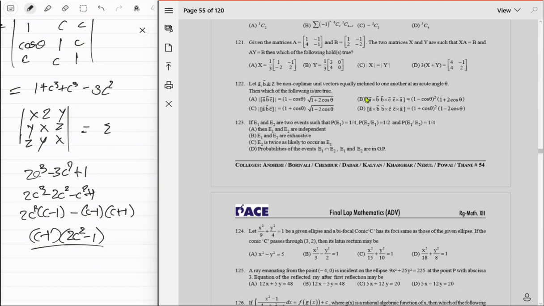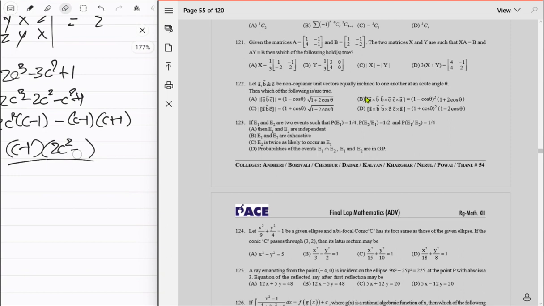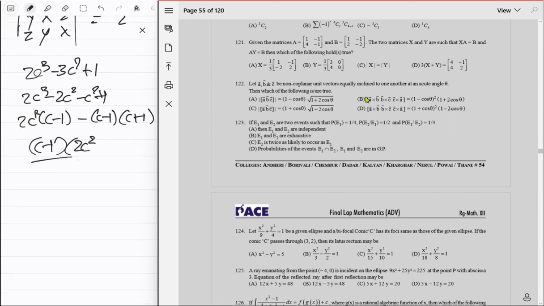Did I do something wrong? No, this has to be the thing. Like root of the square of ABC is just this thing, which is, yes, just that. Okay. So how is 1 plus c square coming? I don't understand. Oh, this was quite wrong. This is 2c square minus c minus 1. Okay, that explains it.